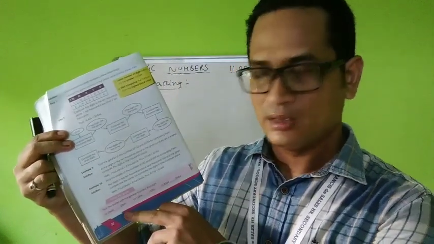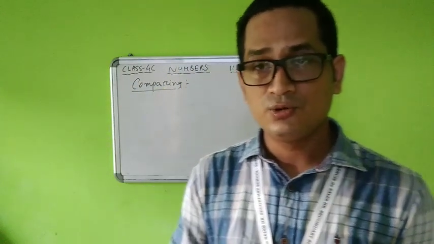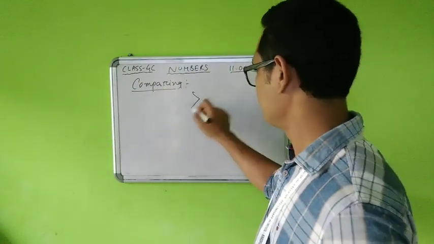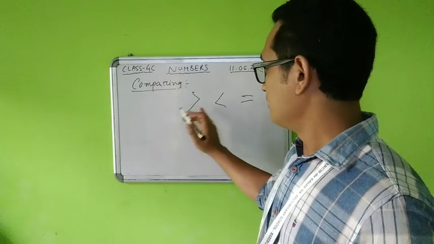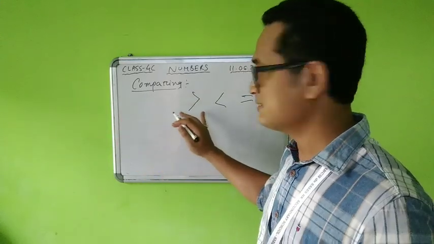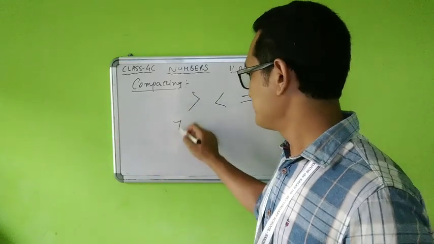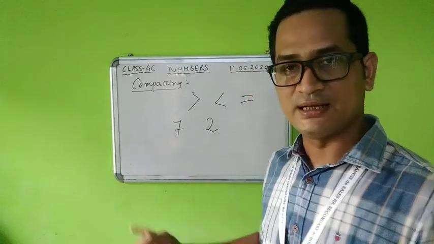Now question number 30, page number 30 at the bottom, you can see Train My Brain. Students, right now only fill up this Train My Brain, that is which one is greater, which one is smaller. And students, do you know the use of this symbol? What is this? And this one. This, when we have this arrow mark, suppose I write 7 and I write 2, which one is greater? 7 is greater or 2 is greater? 7.